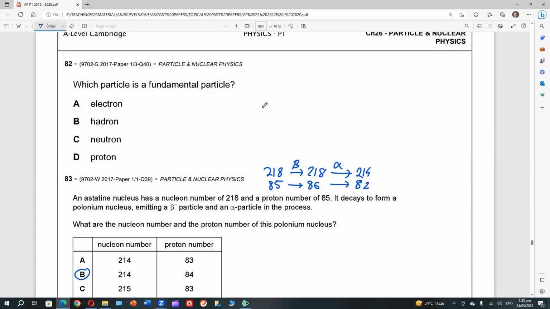Which particle is a fundamental particle? Fundamental particles are like leptons, because electron is a lepton.